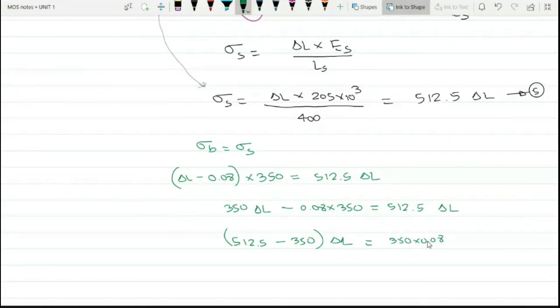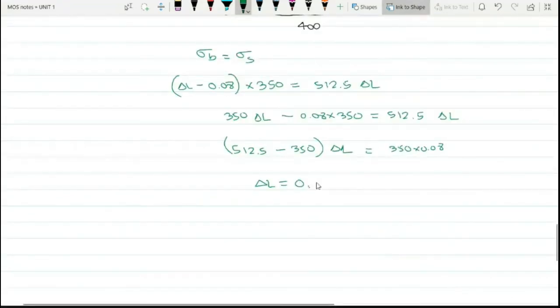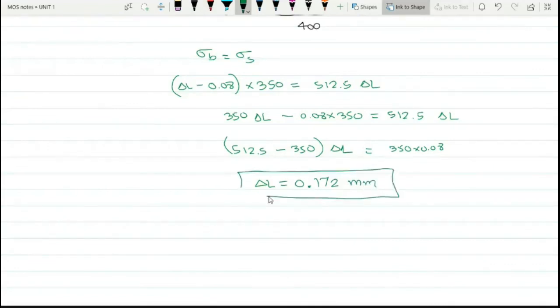So the del L value is 0.172 mm. This is the change in length for the composite bar.